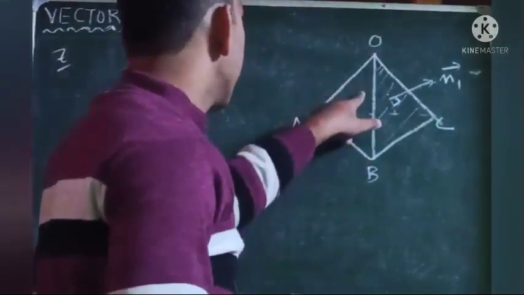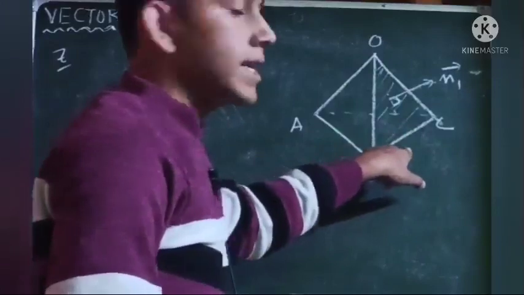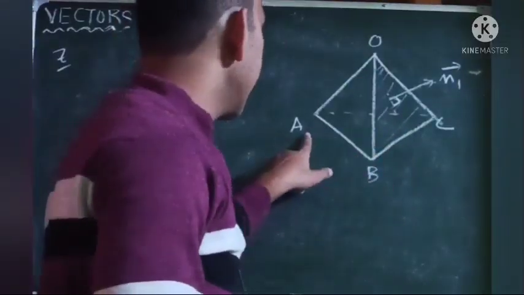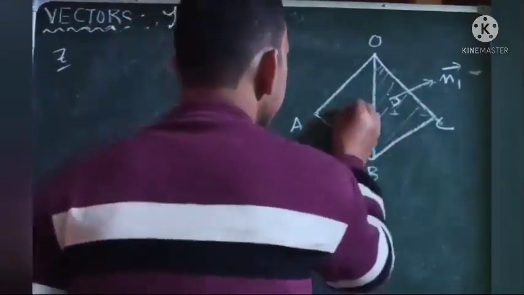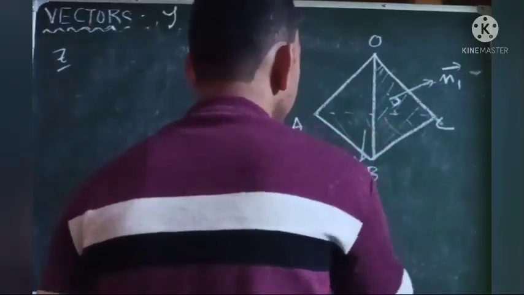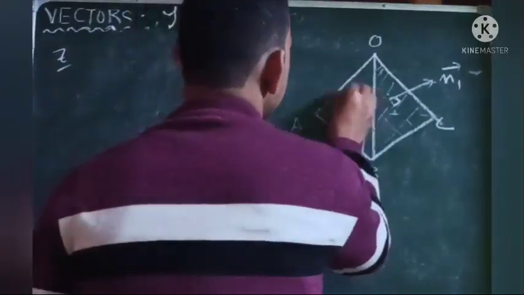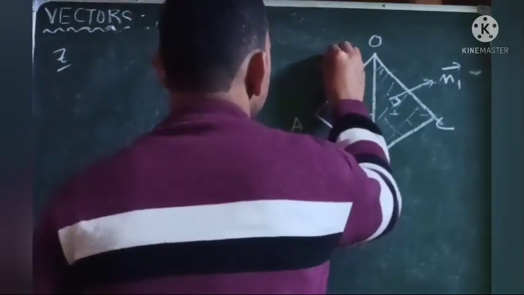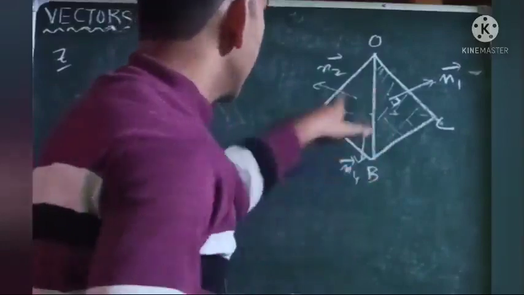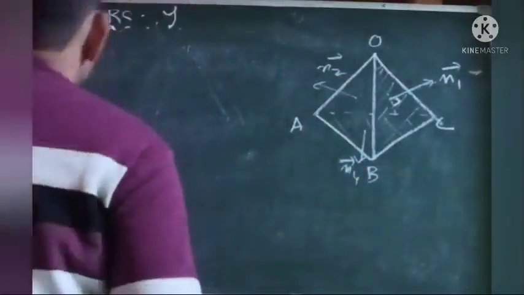Similarly, the area vector of OAB is n2 vector, OAC is n3 vector, and ABC, that means this plane which will be in the downward direction, is n4 vector. This vector is n2 vector. And OAC, which will be in that direction, will be n3 vector.